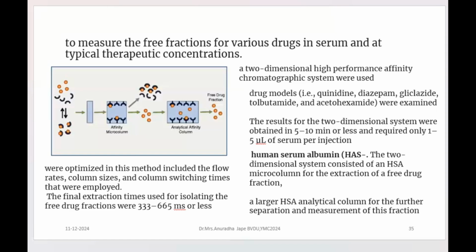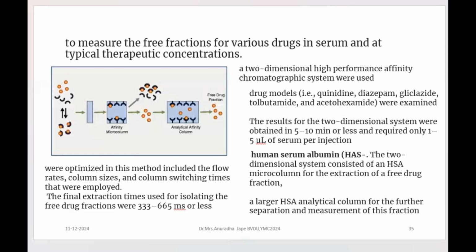You are going to make use of columns which are suitable for high performance based on the pressure that is applied using pumps, so that separation proceeds at the highest efficiency possible, and you can overcome the problems associated with low performance column chromatography systems, like for example clogging of the column at higher lengths, etc. That is what we have discussed earlier.